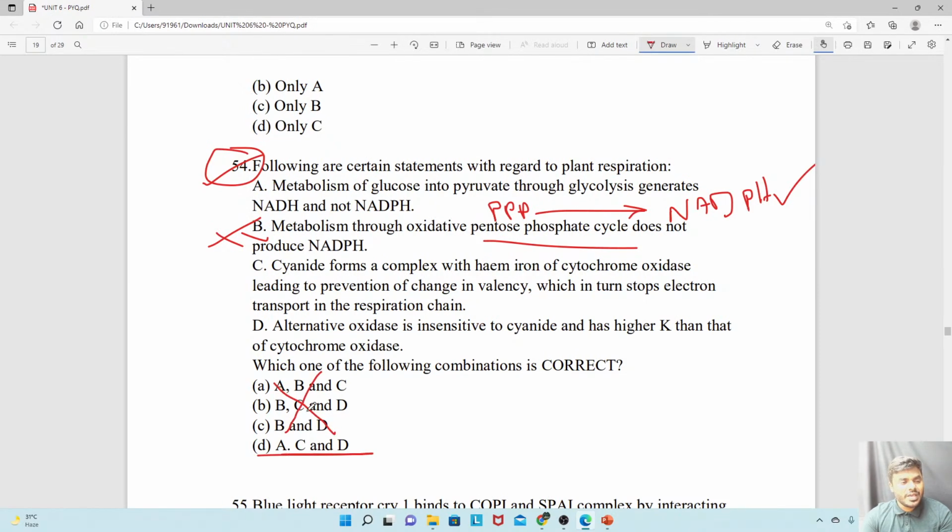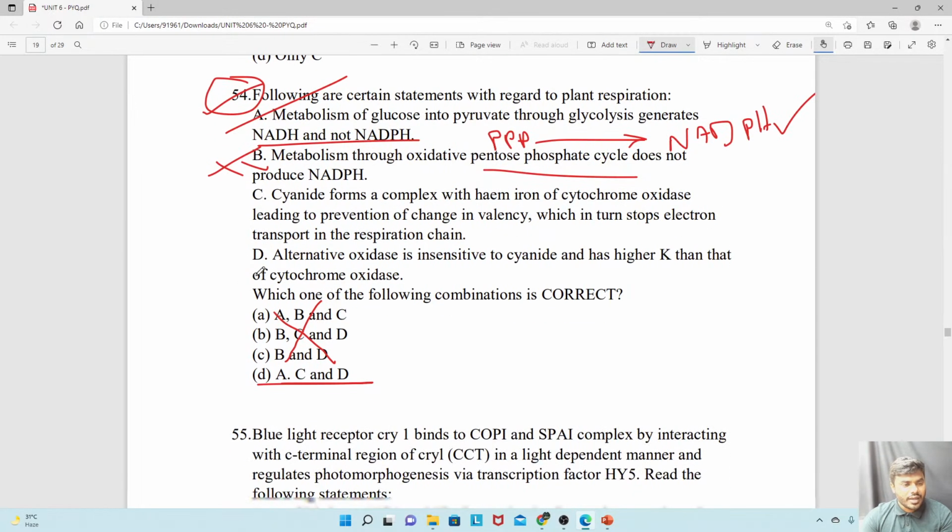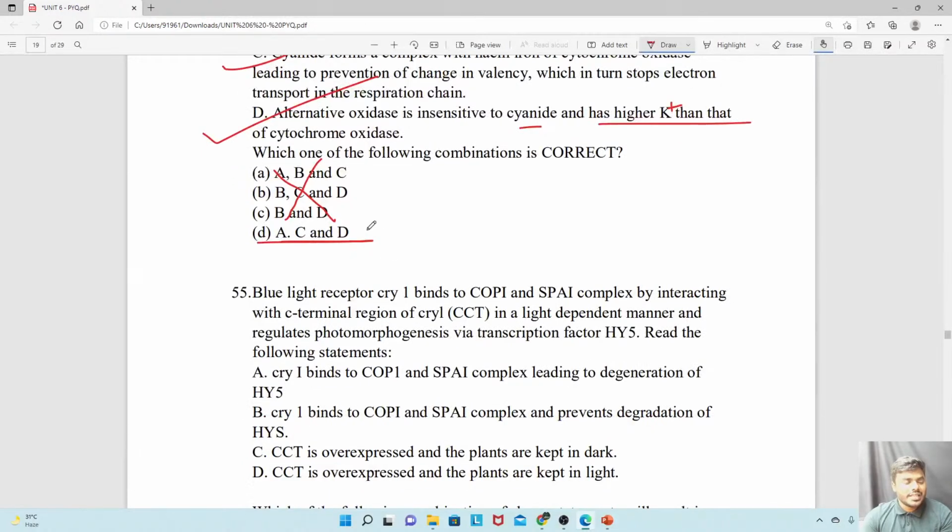Hence the answer will be A. Metabolism of glucose into pyruvate through glycolysis generates, we know, two molecules of NADPH. A is right, B is wrong. Cyanide forms a complex with heme iron of cytochrome oxidase. Absolutely right. Alternative oxidase is insensitive to cyanide and has higher potassium than that of cytochrome oxidase. Right statement. Hence the correct answer will be D.